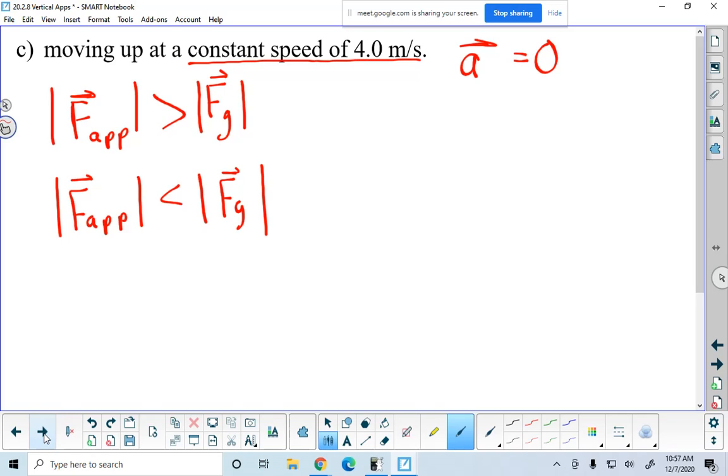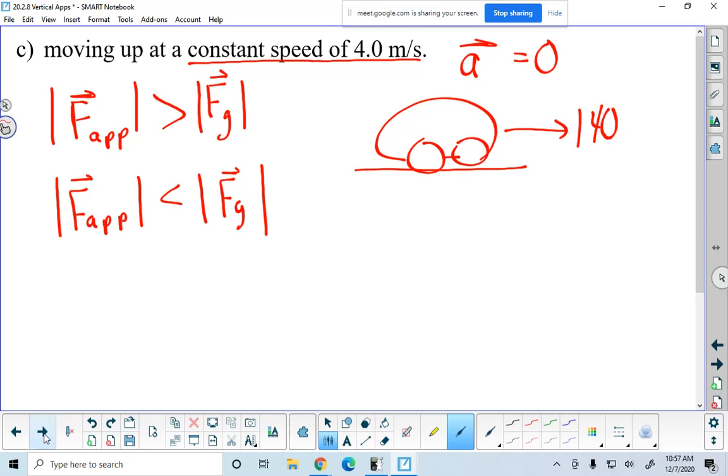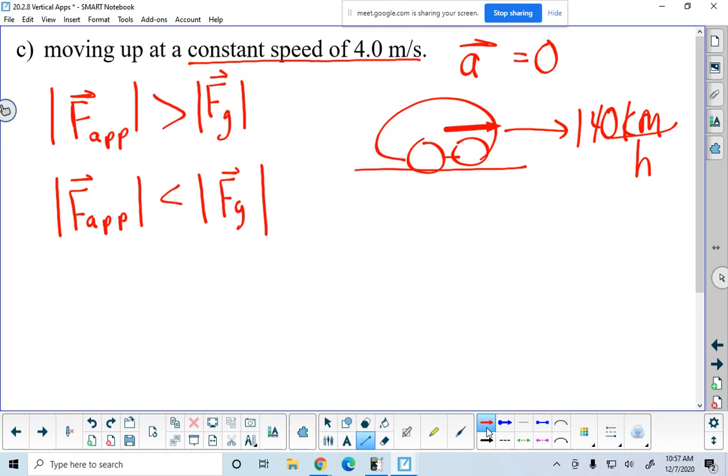We've had this conversation before where I talk about a car moving down the highway at 140 kilometers per hour. There is a force forward applied by the engine, and there is an equal but opposite force backward that is due to friction. If the force forward were greater, the car would be speeding up, and it's not.